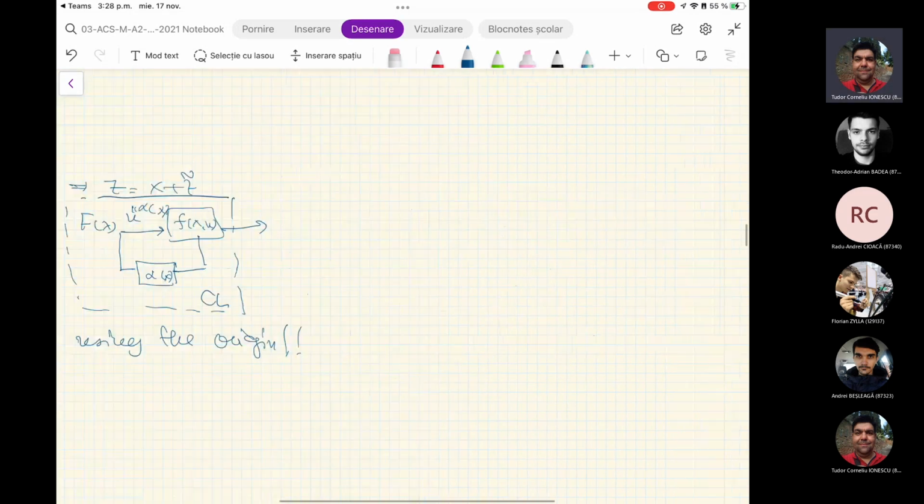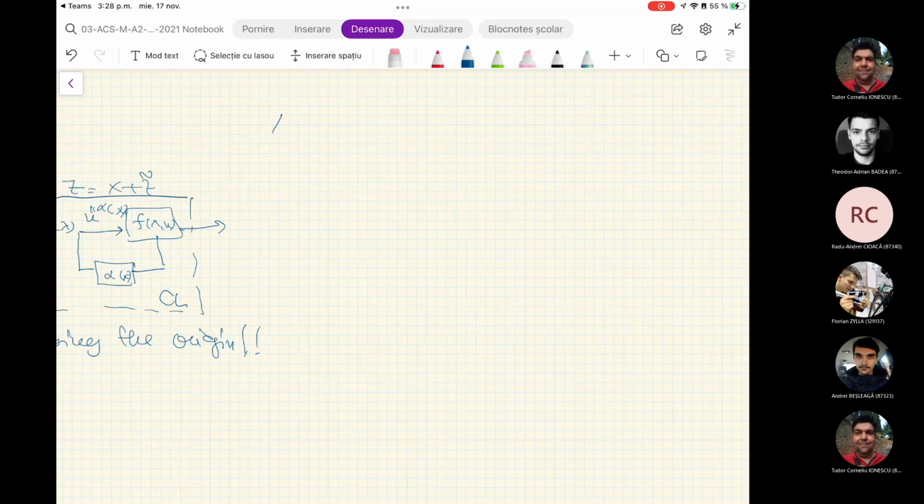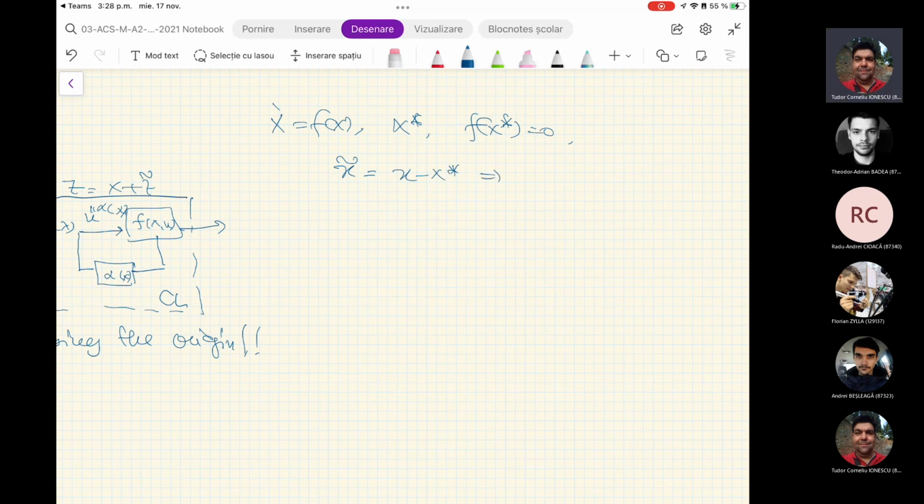If you have f of x, and you have the equilibrium point x star, f of x star is 0, then you can always do the change of variable. x tilde is x minus x star, hence x is x tilde plus x star.